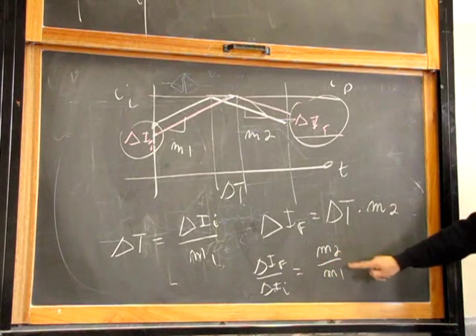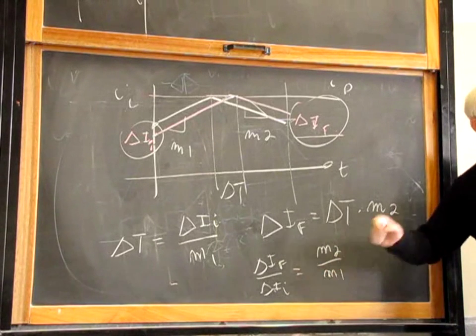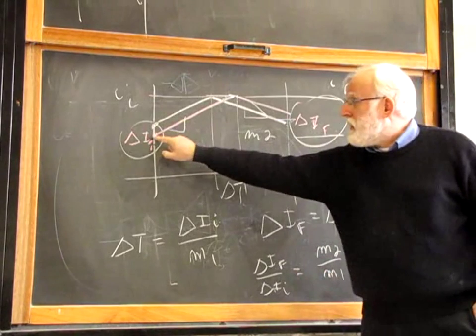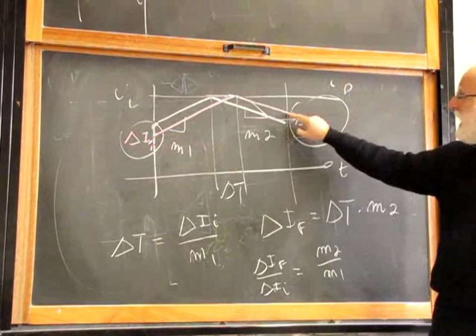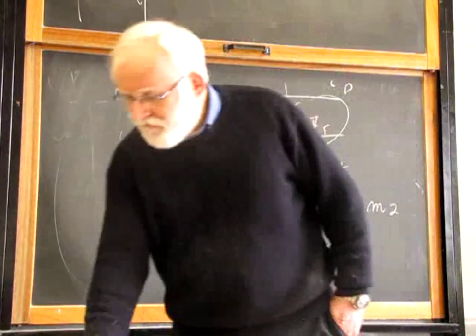And remember, M2 is negative and M1 is positive, so this number is negative, because one error is more than and the other one is less than. You start with an error that is down, and you end up with an error that is up with respect to the steady state value.